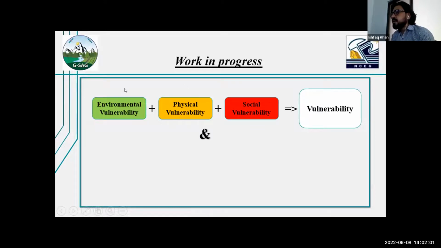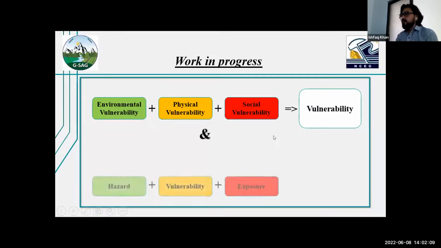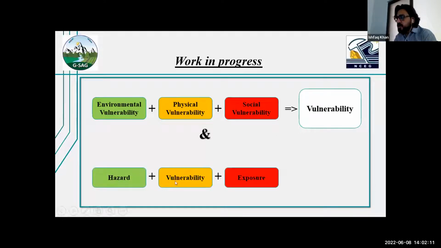By the summation of these 3 types of vulnerability, we get the total vulnerability of the area. After getting the total vulnerability of the area, I will compare this with the hazard map and with the exposure map. And finally, I will get the risk map. This work is still to be done, I'm just working on it.